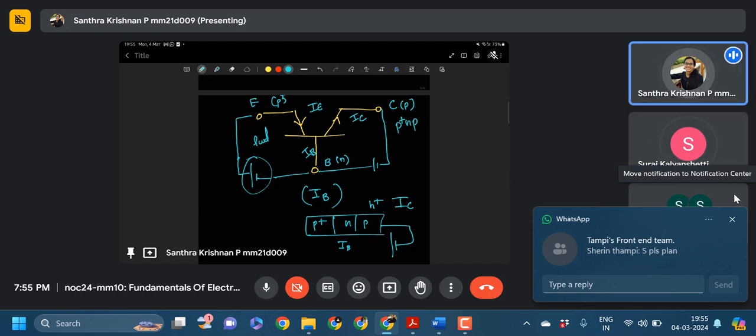That is what you should remember: out of this, IE, IB, IC, three currents are there, and that is not necessarily what we supply. We are supplying across two terminals and measuring across two terminals. Depending on what you want, you can supply across E or B. So you are supplying IE and collecting IB and IC.